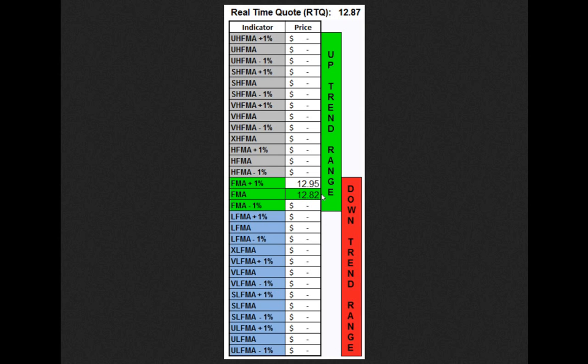Therefore, the FMA stock rating algorithm highlights the FMA price indicator located to the right of the FMA stock rating indicator label. The remaining FMA price indicators are left unhighlighted.